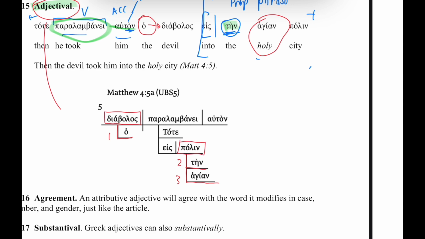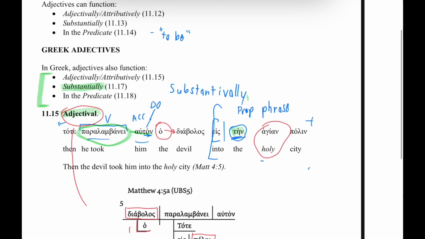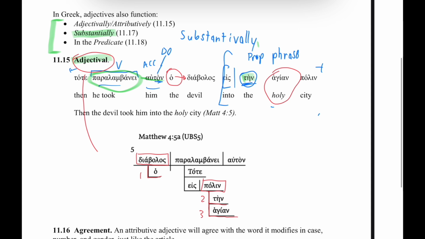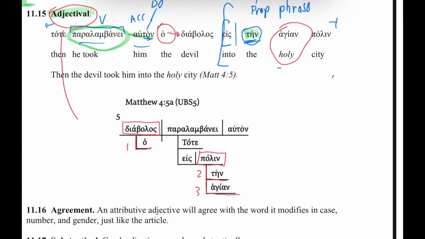So those are things that are modifying nouns, which again is what an adjective does. It modifies a noun or a pronoun. And if I ask what nouns are being modified, nothing is modifying auton, and the only other nouns in the sentence are polin and diabolos. So hopefully that diagram helps illustrate adjectives, or attributive adjectives.